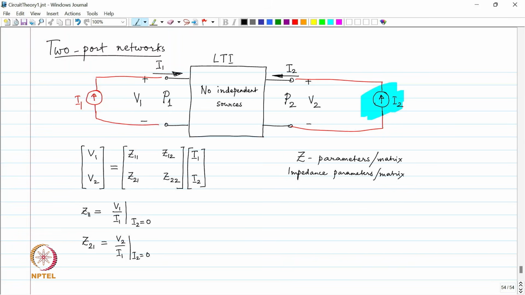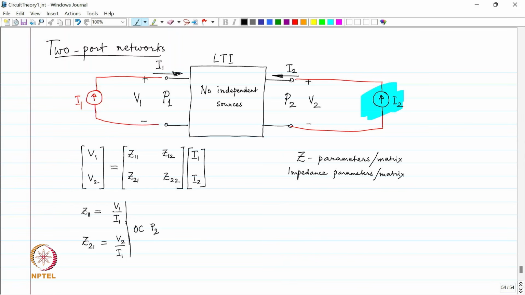Fine. I 2 equal to 0, what does it mean? Port 2 is open circuited. Port 2 is just open. All right. So, let us call this open circuit port 2. Fine.